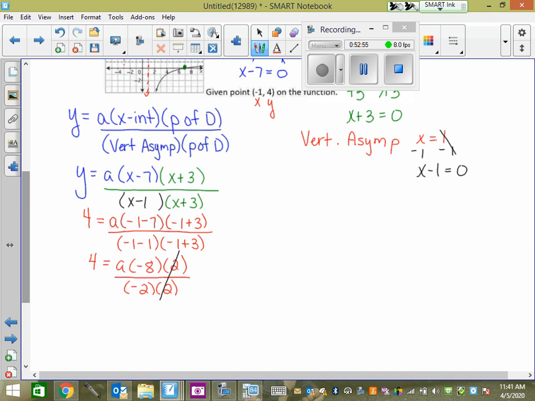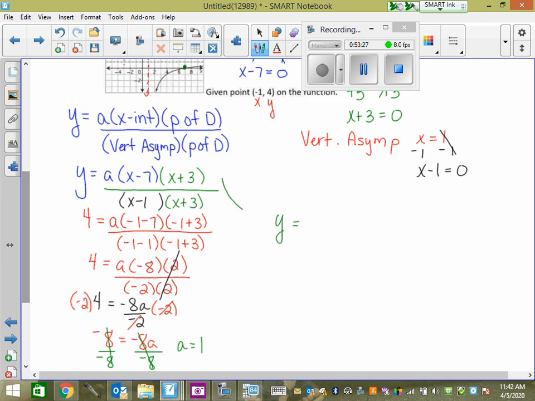If I don't, you're going to get zeros, so just cross them off, okay? So we get 4 equals -8A over -2. All right, multiply by -2, get that off. -8 equals -8A, divide by -8, A equals 1.